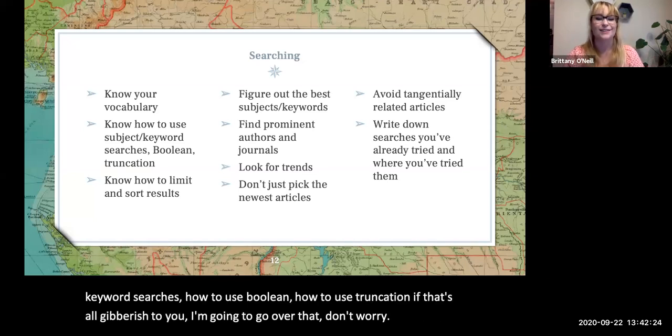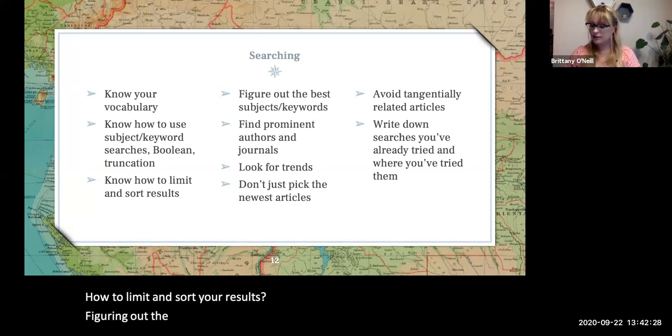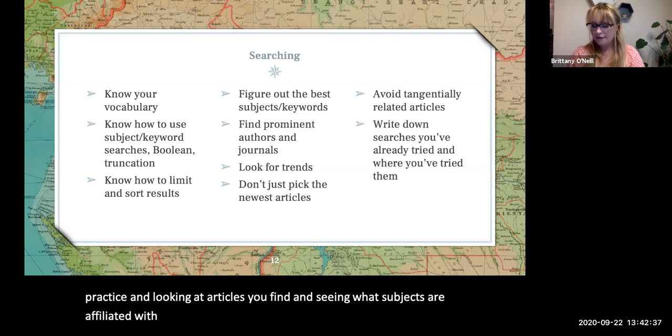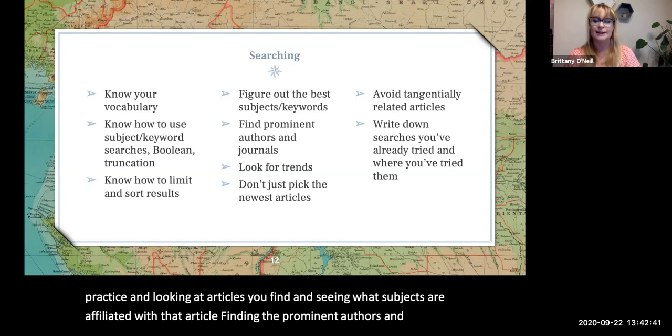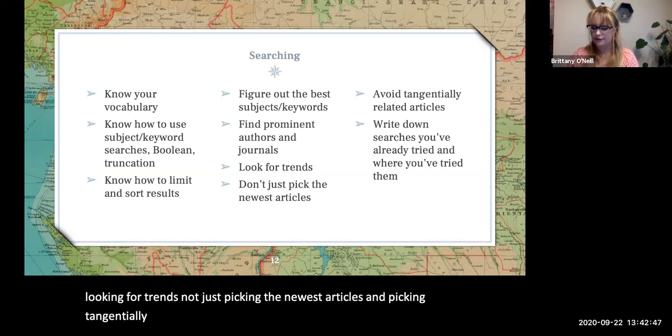How to limit and sort your results. Figuring out the best subjects and keywords. A lot of that is just from practice and looking at articles you find and seeing what subjects are affiliated with that article. Finding the prominent authors and journals, looking for trends, not just picking the newest articles and picking tangentially related articles on the same kind of topic.